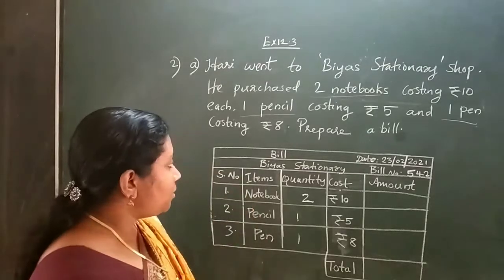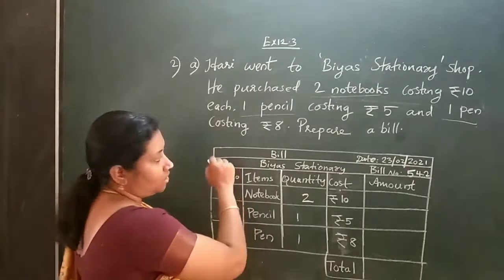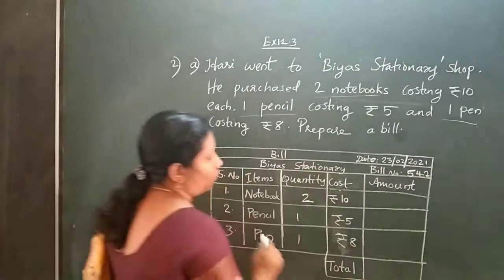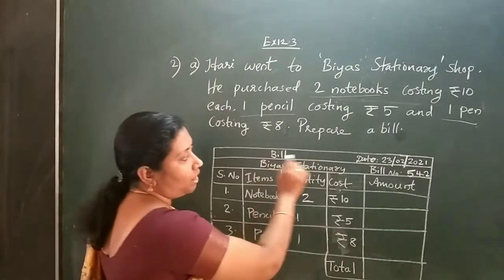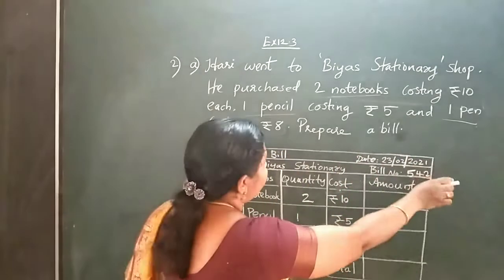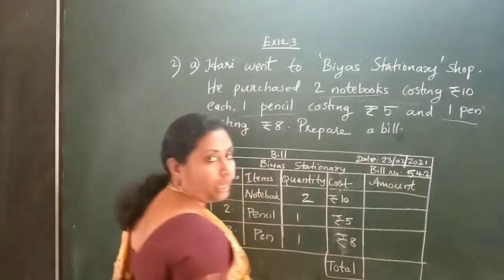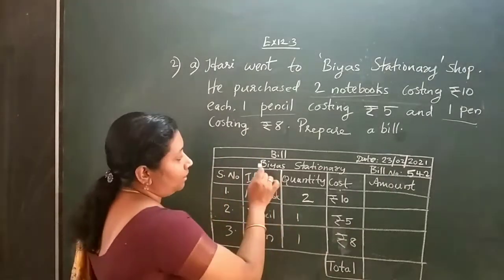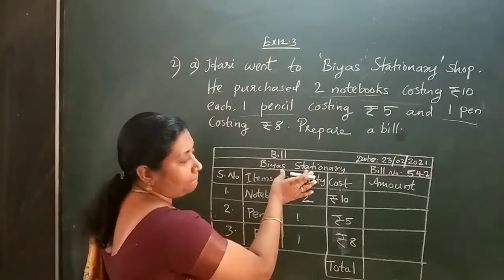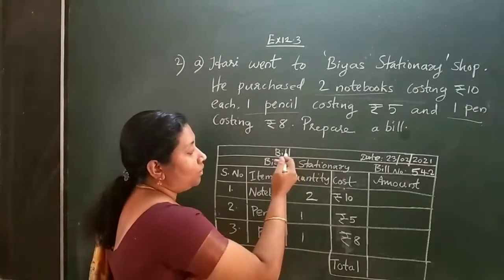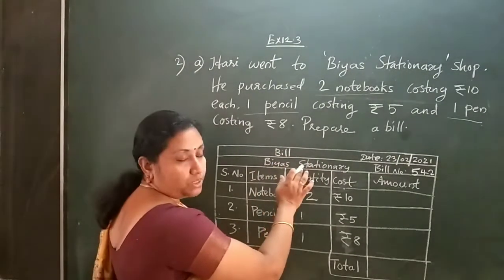Which are the parts of a bill? First, in the first row, you write bill, and on the right side of that you write the date. Okay. Then in the second row you write the shop's name, the stationery shop.